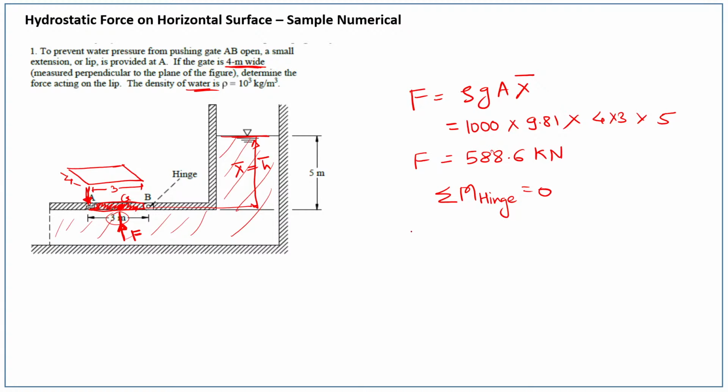So we can write F at point A into 3 is equal to this hydrostatic force F, and that will act at the centroid. So it is at a distance 1.5 meter from the hinge. This F value we know, so we can put that value here. Ultimately we can find out the force acting at point A, and that is approximately 294 kilonewton.